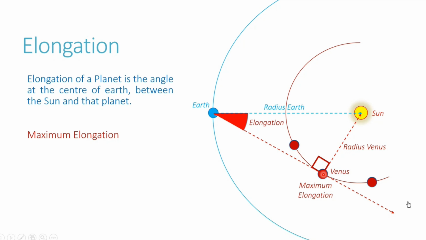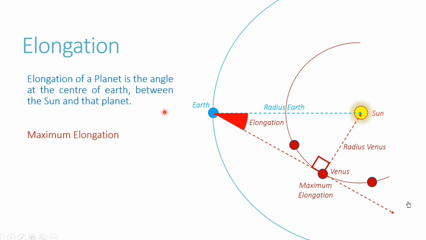Now, if you consider an exterior planet, meaning the planet whose radius is greater than the radius of the Earth, like say for example Mars, the maximum elongation of Mars is going to be 180 degrees. The maximum value of elongation possible is 180 degrees.